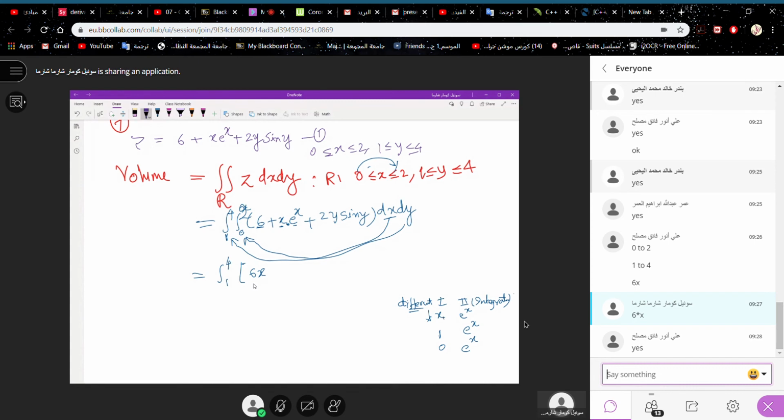Now multiply here with plus sign, and here with minus sign. Okay? So how much do you get? This is x e to the power x minus e to the power x. The integration of this is x e to the power x minus e to the power x.